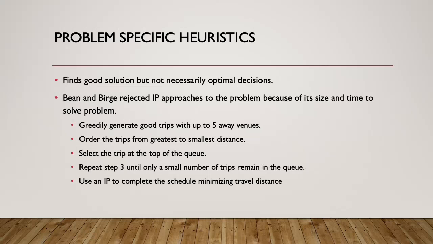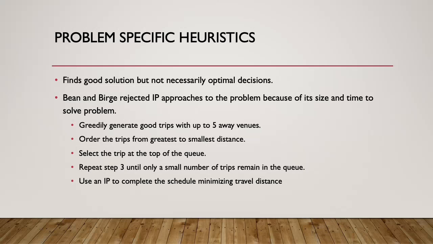Then select the trip at the top of the queue. If possible, schedule it in the slot with the least stadium availability for the traveling team. If it is not possible to schedule it, break it into 2 or more sub trips and insert these at the end of the queue. So if a trip is very long, then we need to divide it and reassign it.